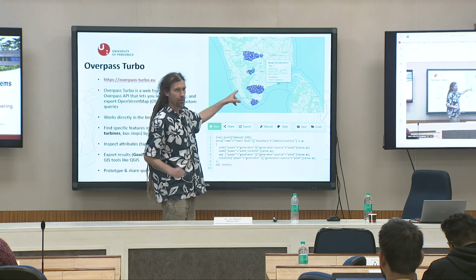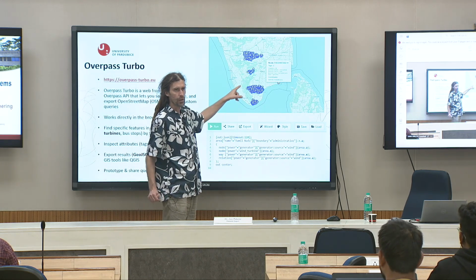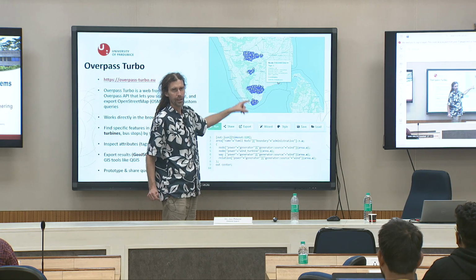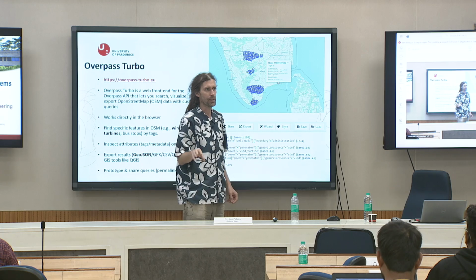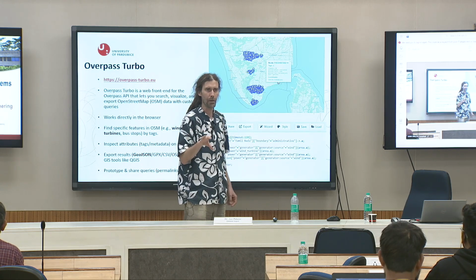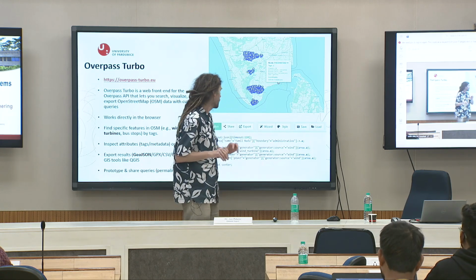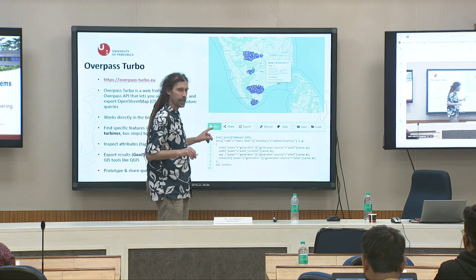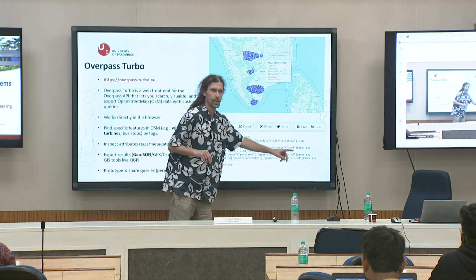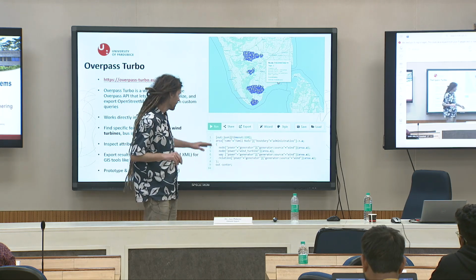Look, I made one query about Tamil Nadu, about wind turbines, and it showed me all the wind turbines in the Tamil Nadu area. There is an example of this query. It is based on JSON.